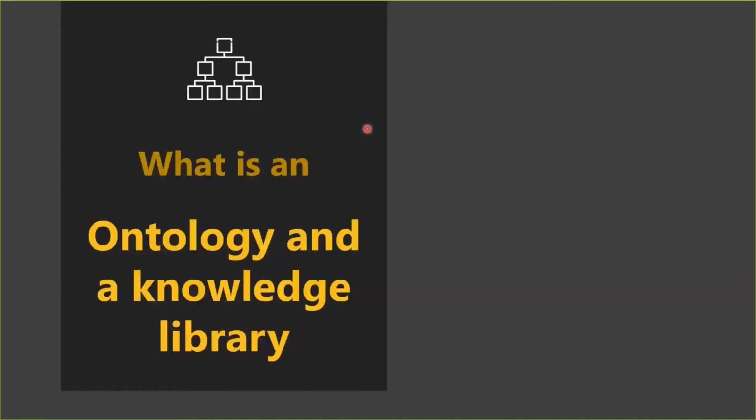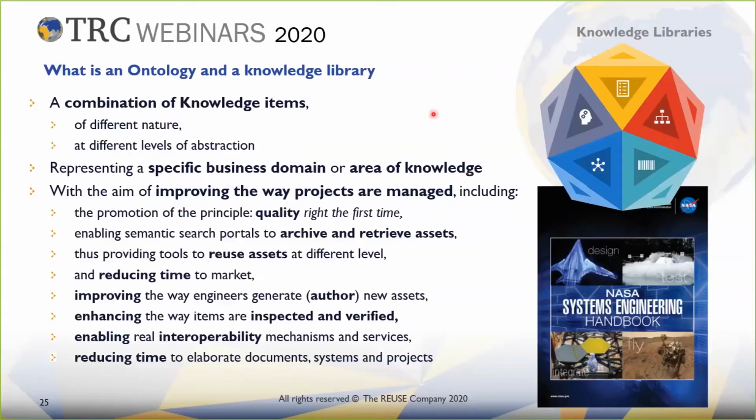So okay, after this introduction, I want to talk to you more deeply about what an ontology and a knowledge library are for our organization. For us, an ontology is a combination of knowledge items of different nature and different levels of abstraction, representing a specific business domain or area of knowledge, with the aim of improving the way projects are managed, including quality, archiving, and retrieving assets.